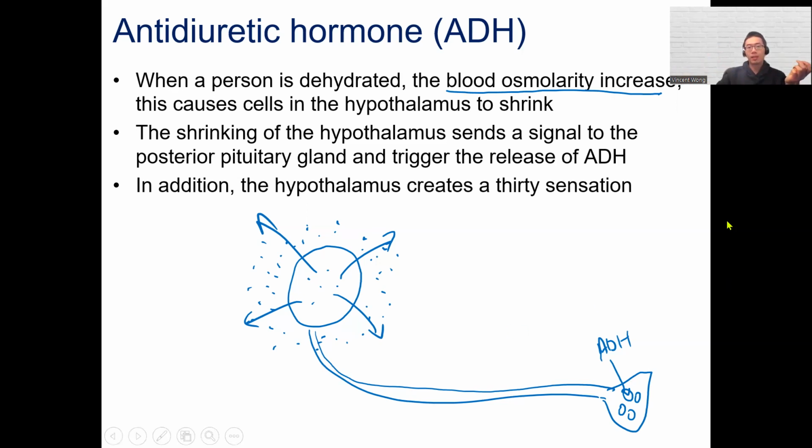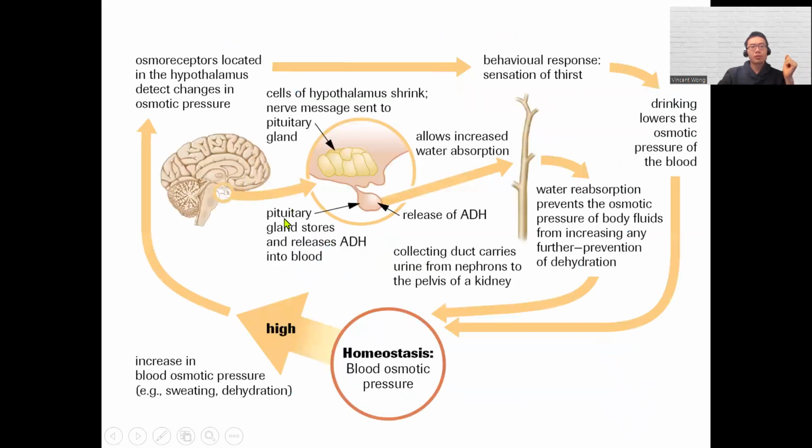So if your blood concentration is going up and you're dehydrated, both the RAS and the ADH can be turned on at the same time. There's no conflict. In fact, it's better. You have two mechanisms that would help fix the problem. All right, so this is like a flow chart that shows you what's going on. The trigger, the stimulus, is high blood osmotic pressure, high blood concentration, basically.